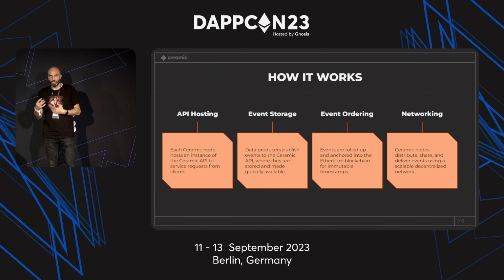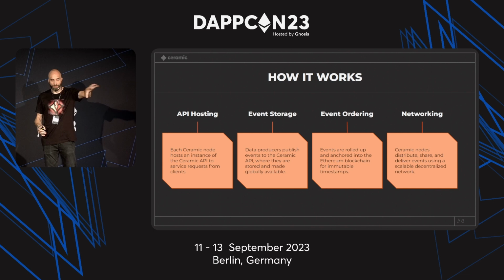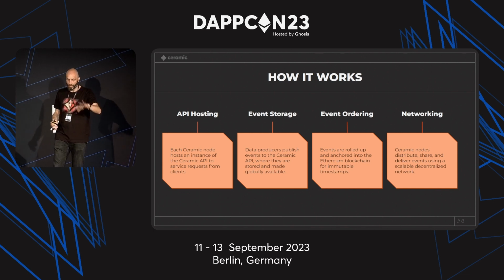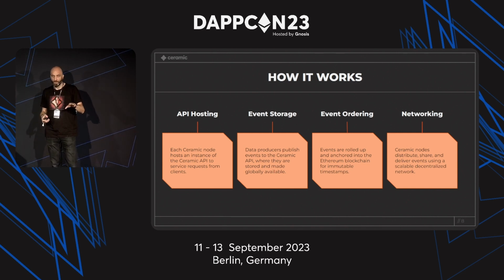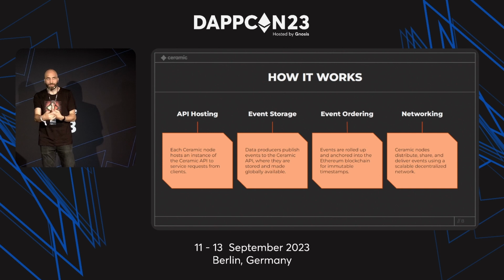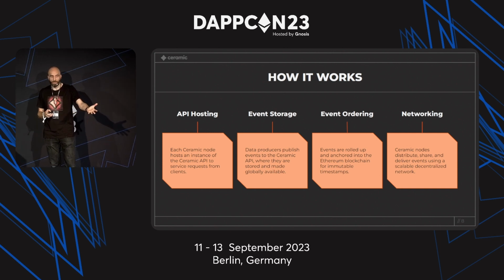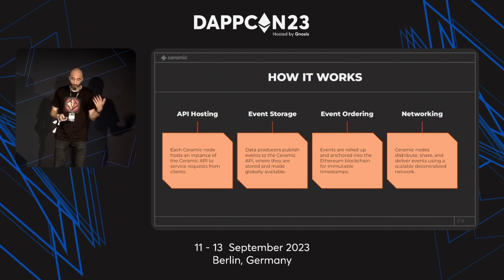You can view it like that. Event ordering and indexing: this is what I said about anchoring into Ethereum, so it's all verifiable. And then networking: the Ceramic nodes speak to each other, clone the data that you need, and that is how you query the data from those nodes for your dApp.